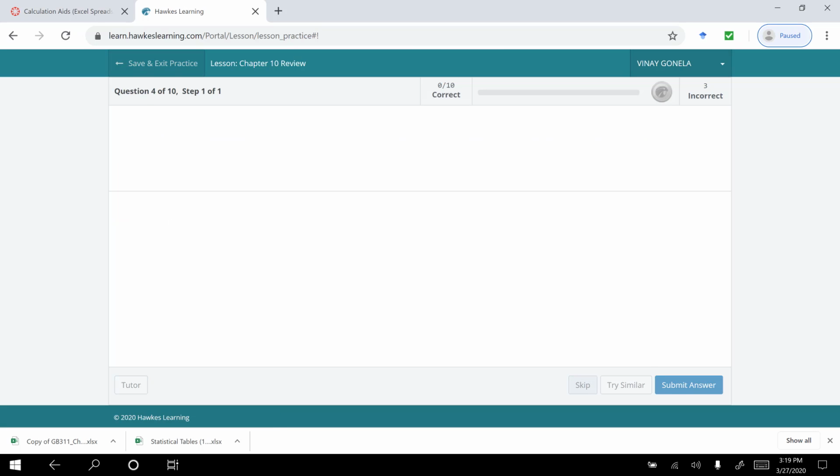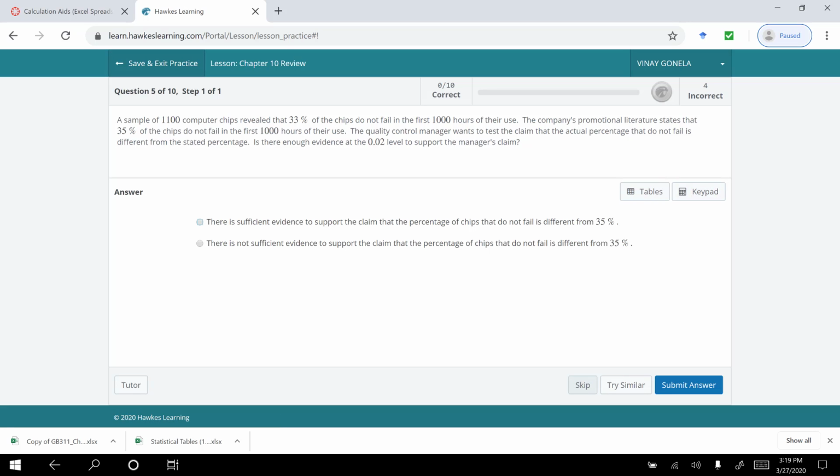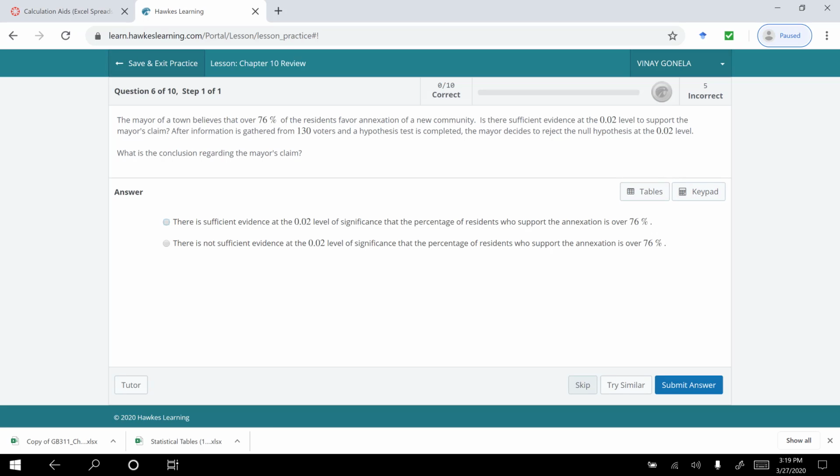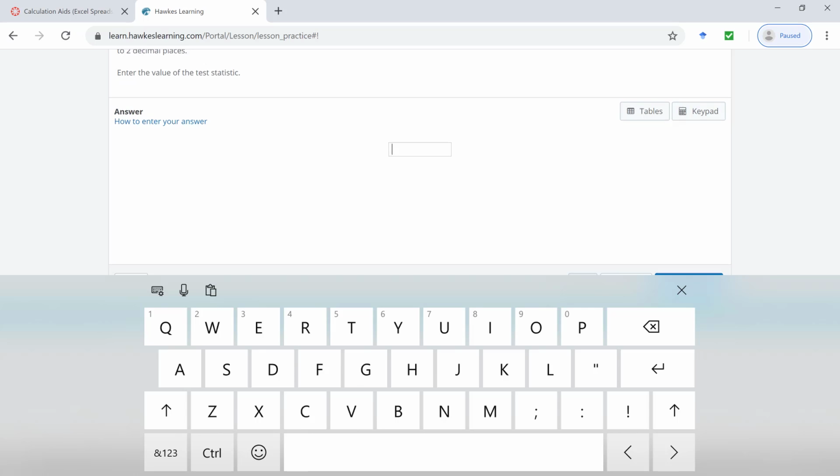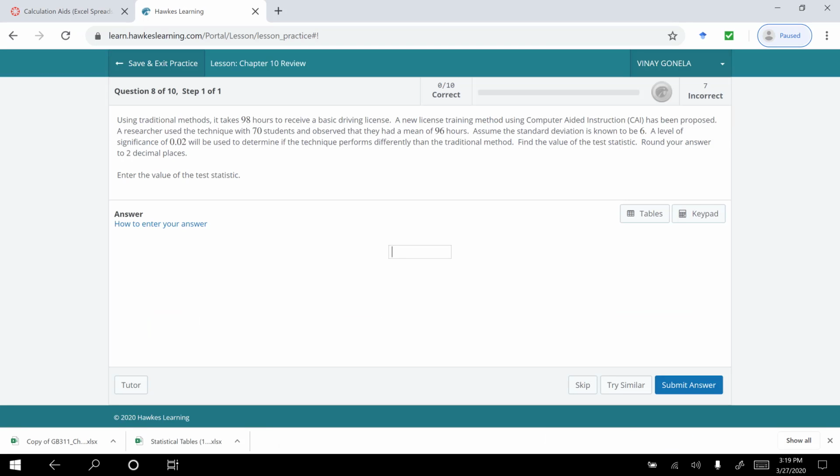Okay, so this is a different concept. Okay, so this problem is a two-tail problem, I think, and with Z stat.